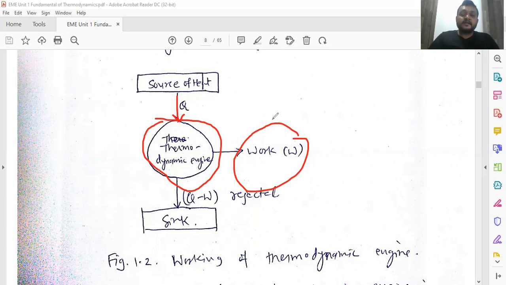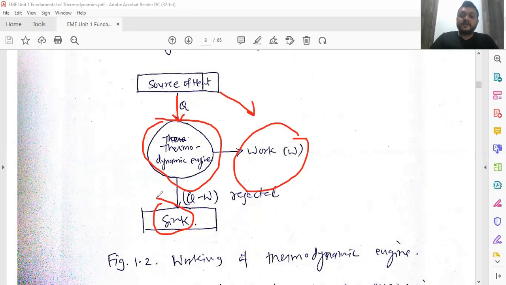So 100% of the heat is not converted into work. Some is rejected in the form of wastage in the sink or atmosphere. In our case, in two-wheelers, in the atmosphere. So 100% efficiency is not possible for any kind of engine.